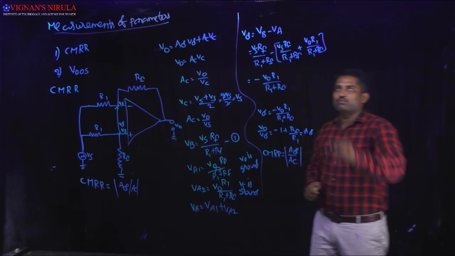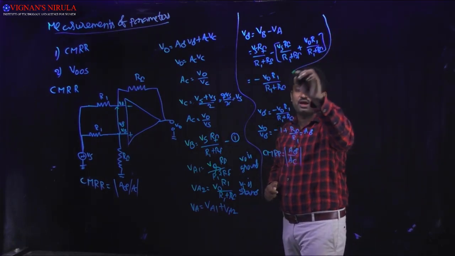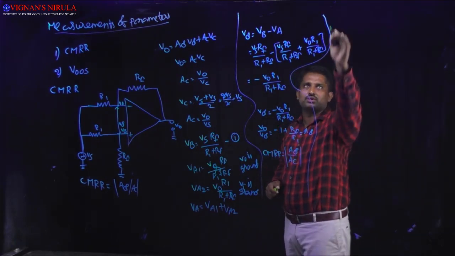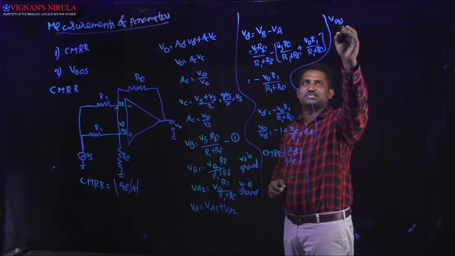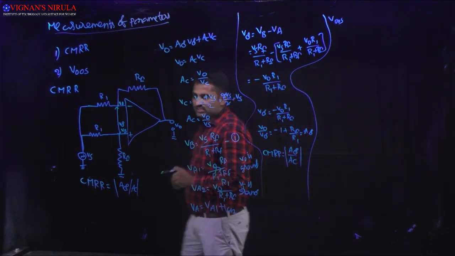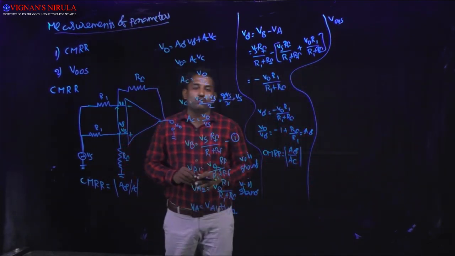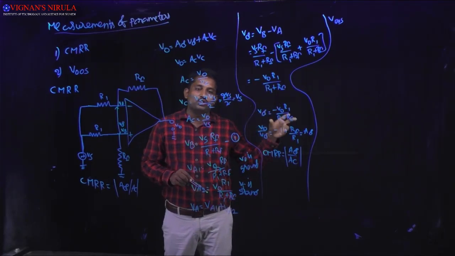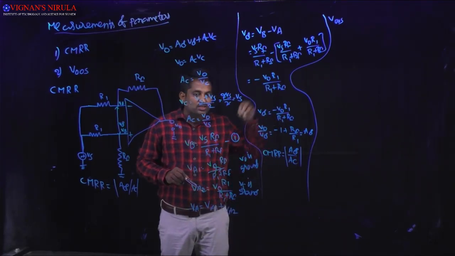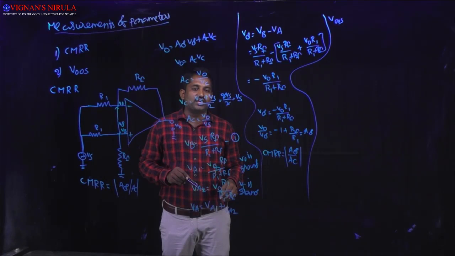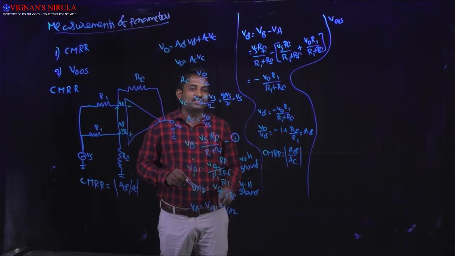Next, I am going to explain the last parameter, which is VOOS, the output offset voltage. That output offset voltage is generated because of input offset voltage as well as input offset current.